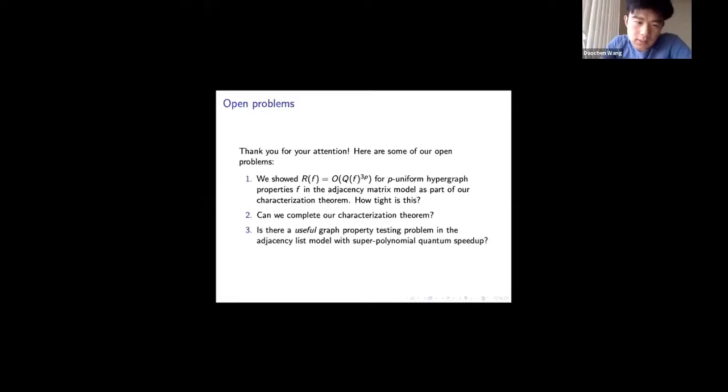So for this result, it is known that there exists an F for which R of F is omega of Q of F to the p power. So in some sense, the linear scaling in p in the exponent is kind of necessary. But with respect to the 3p, it's not even known if it's tight for p equal to 1.